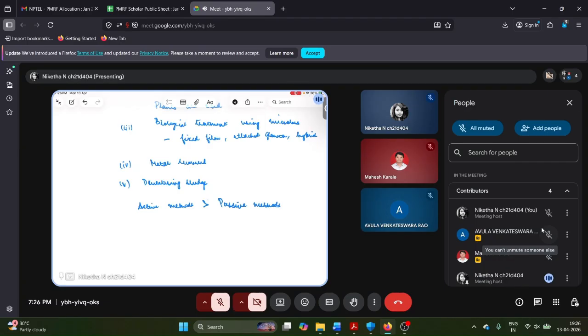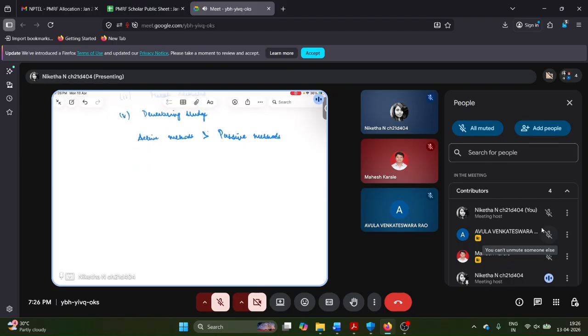The reason being that active methods allow the recovery of precious metals, and they also generate less pollution compared to the passive methods.